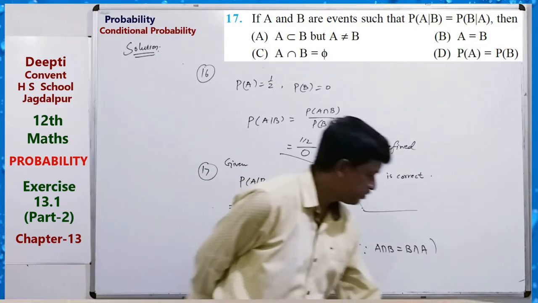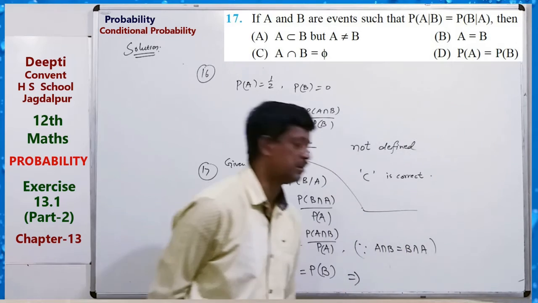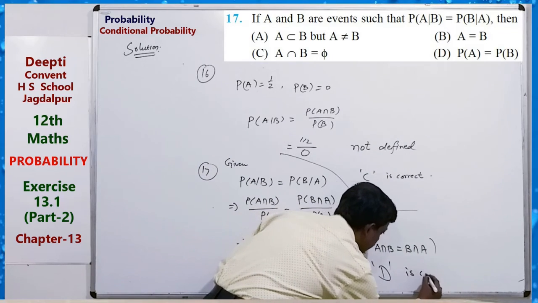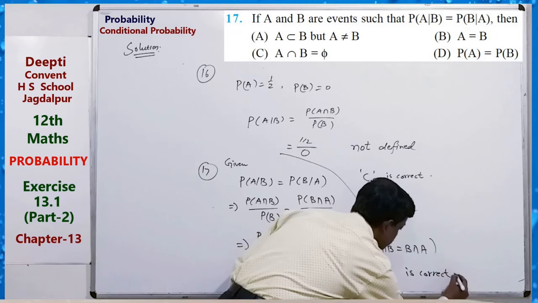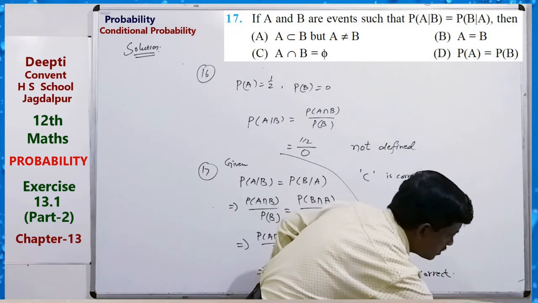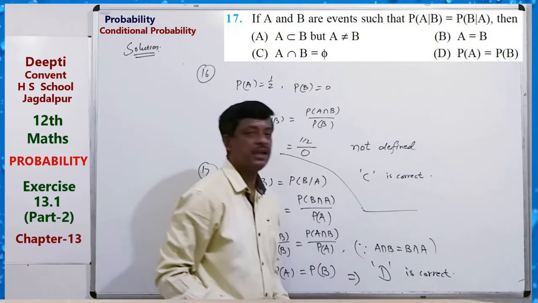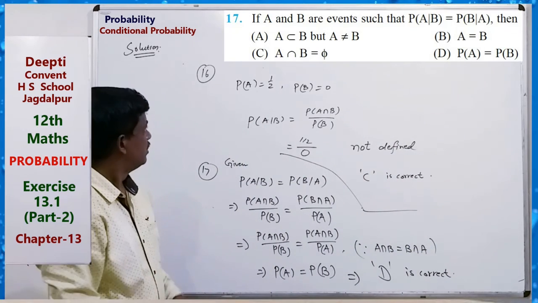Option D is right: P(A) equals P(B). D is the correct answer.